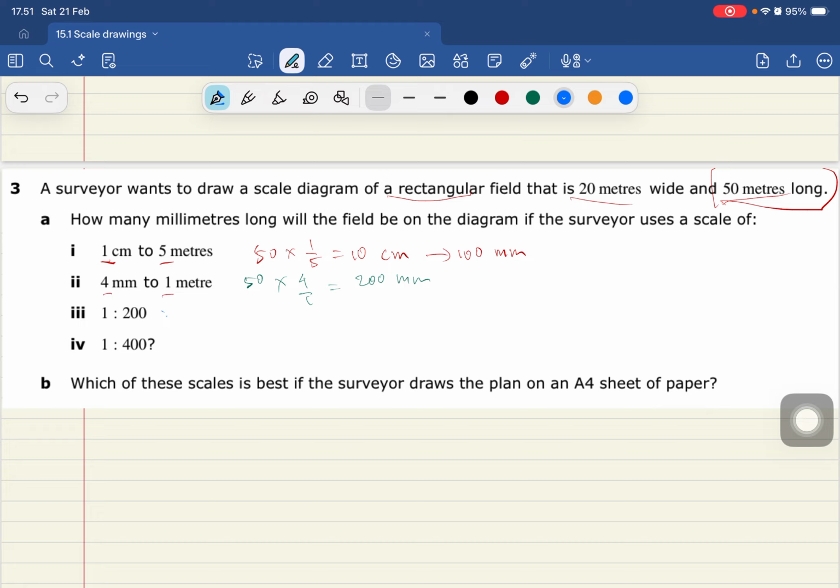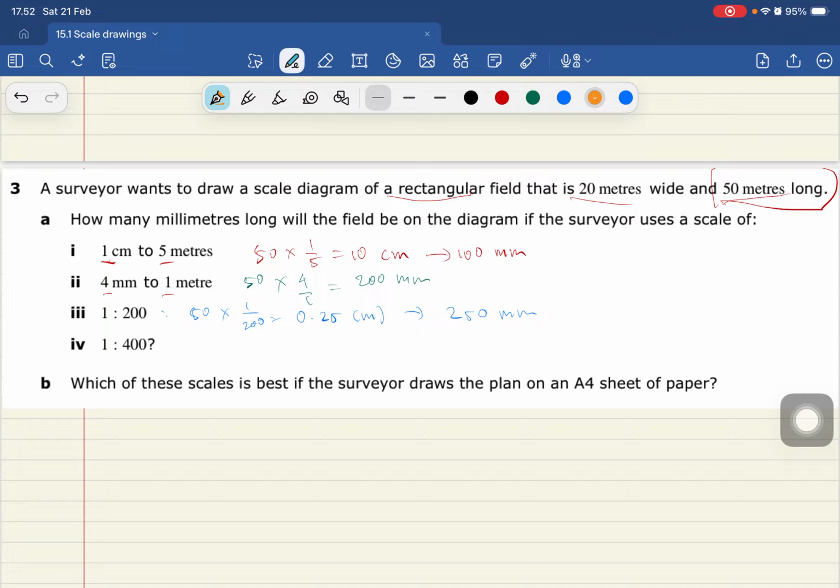This is 50, so we make it 50 times 1 over 200. 50 multiplied by 1 is 50, and then we divide by 200. 50 divided by 200 is going to be 0.25. This is in meters, so we convert to millimeter, and this is going to be 250 millimeter.